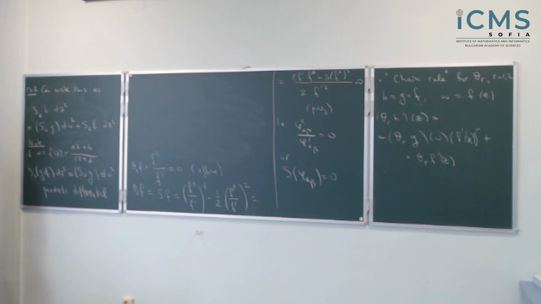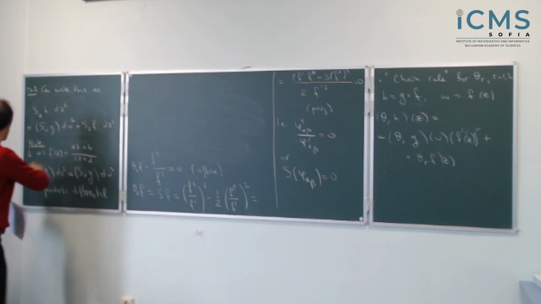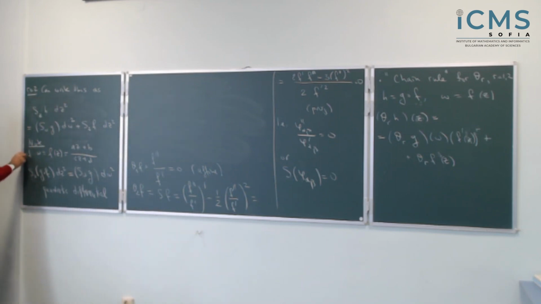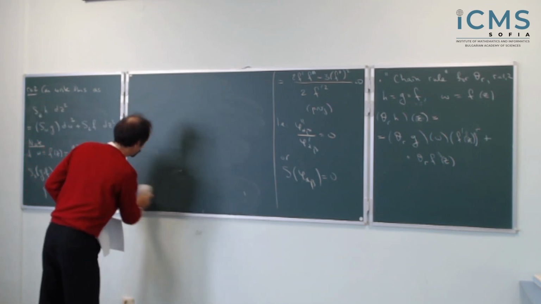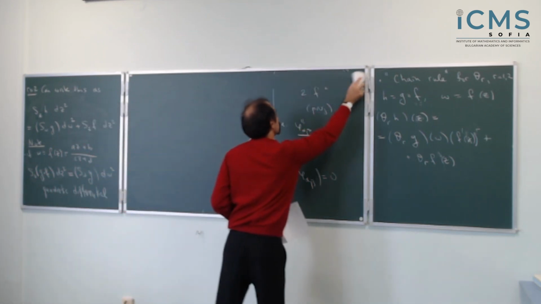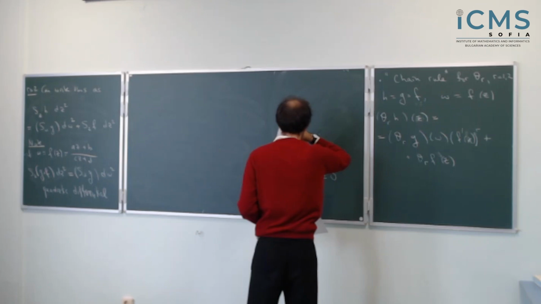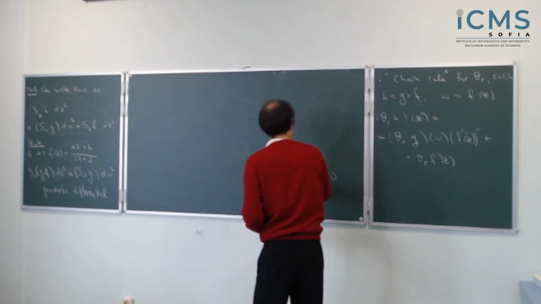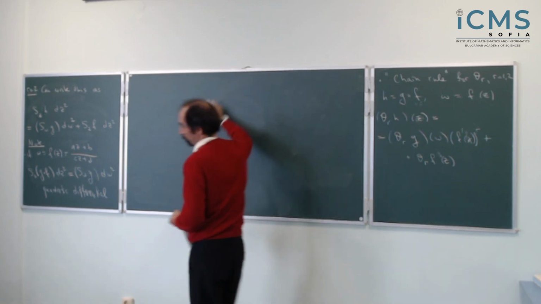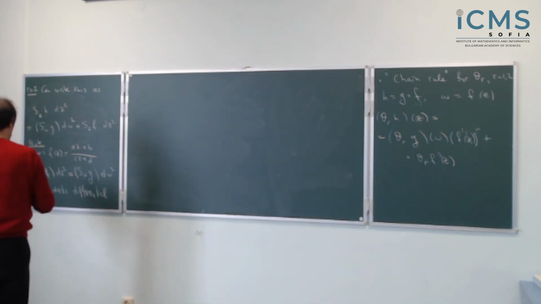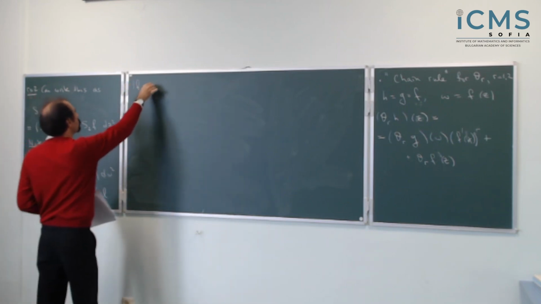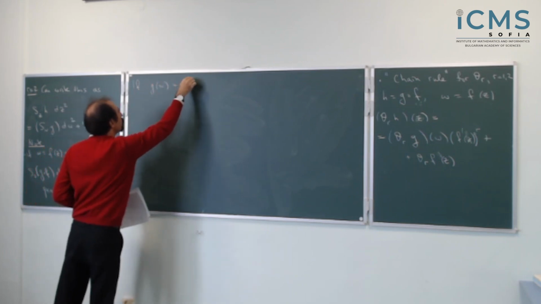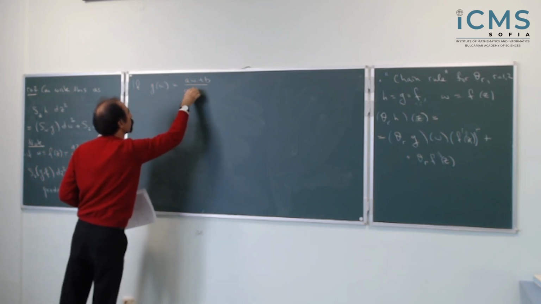Now, if we take the other function to be fractional linear, so I'm looking at two special cases, let's say g of w to be (aw plus b) over (cw plus d).